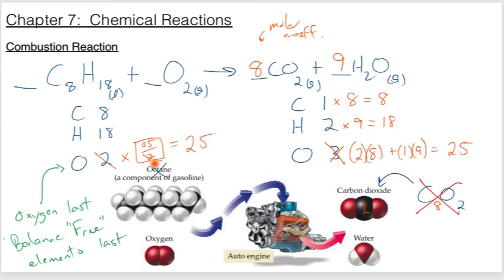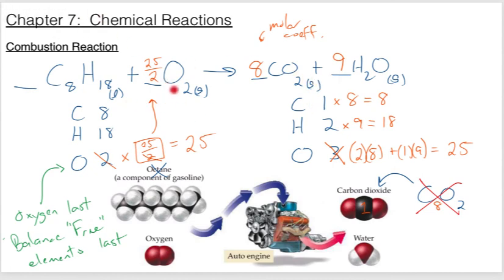That is my multiplier, that molar coefficient, 25 halves. On one level, this is not an incorrect statement. It's just not complete. We don't leave it as a fraction, but it certainly balances the atoms. Like I said, it's not an incorrect statement, just an incomplete statement.